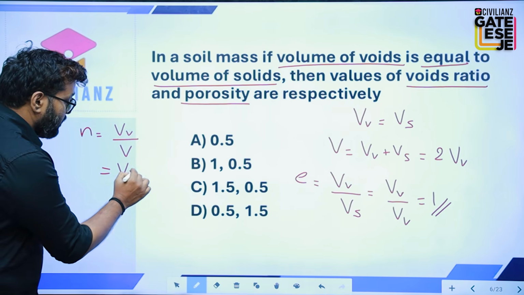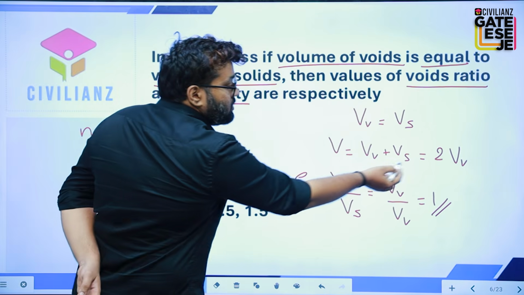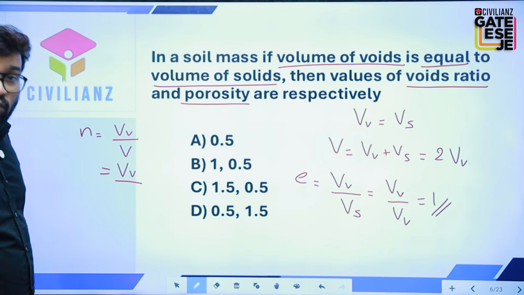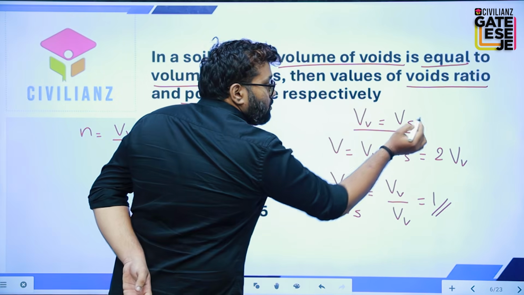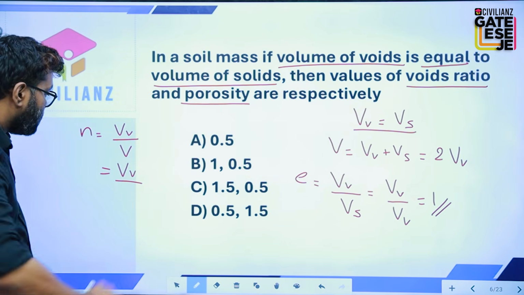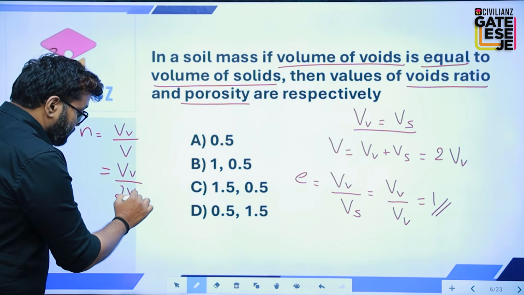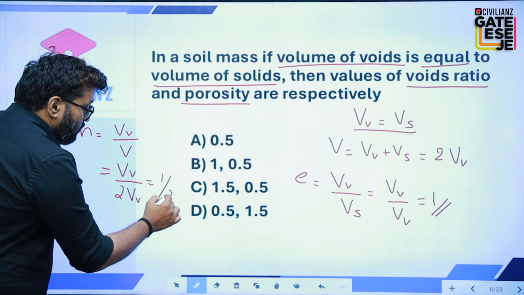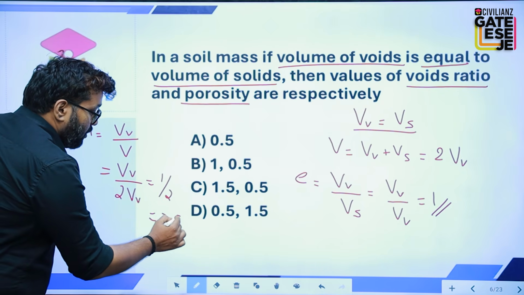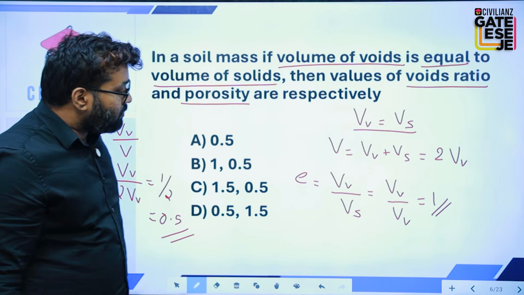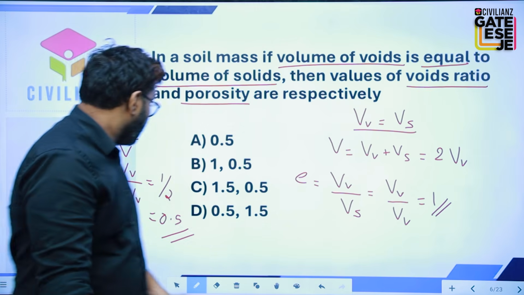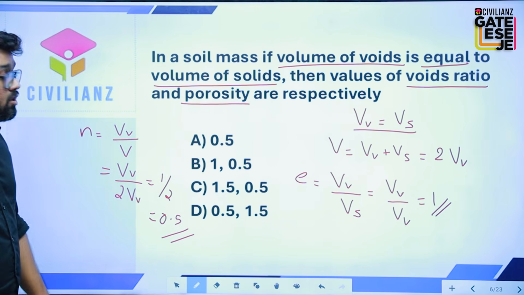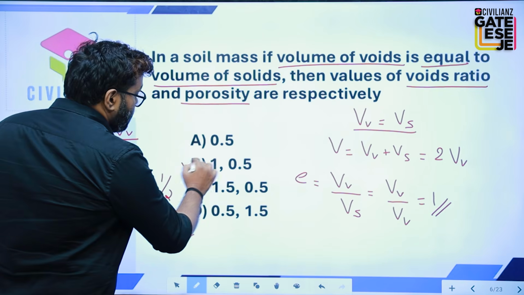So volume of voids divided by total volume is equal to Vv by 2 into Vv, since volume of solids is equal to volume of voids. Vv by 2 Vv is equal to 1 by 2, or 0.5. So the value of void ratio is equal to 1 and value of porosity is equal to 0.5. So the correct answer is option B.